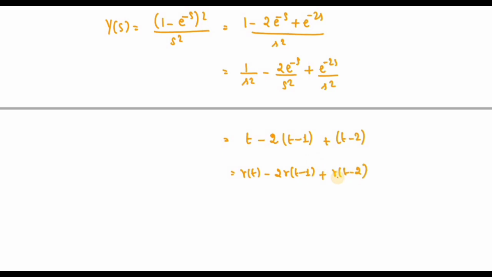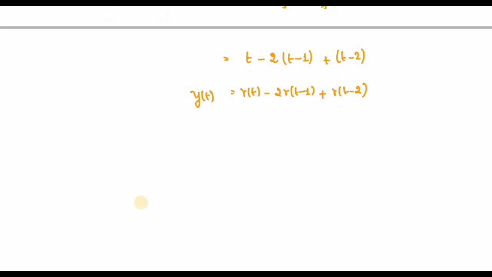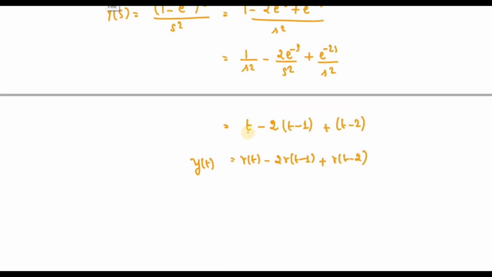So how to draw this one? This is my y of t. Since you can see the Laplace of t is 1 divided by s square, minus 2 into t minus 1, I can write it as 1 divided by s square into e power minus s, right? So this is how we have to write. So instead of t, I am going to write it as r of t.